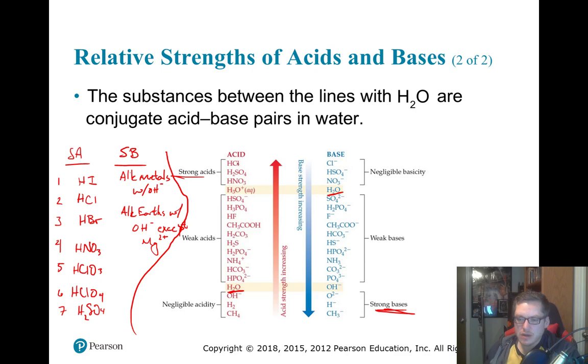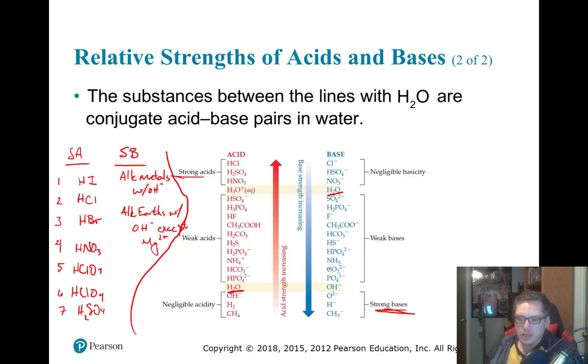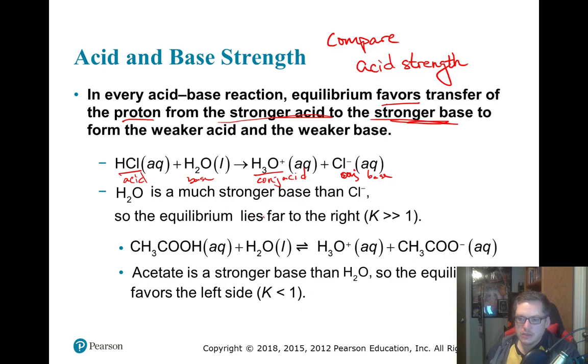Notice HCl is stronger, so we're going to follow the right side. They do the same thing with the base. Here this would be the base, and this would be the conjugate base. We can see that Cl minus is a negligible base and H2O is a stronger base. So therefore, it's going to favor going to the right.